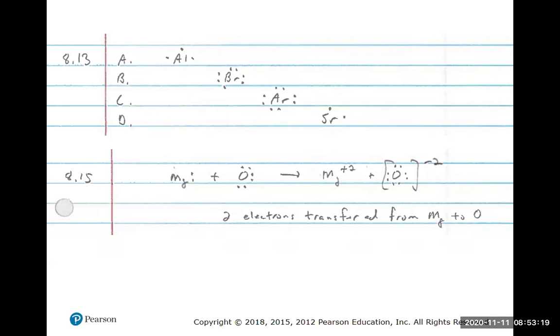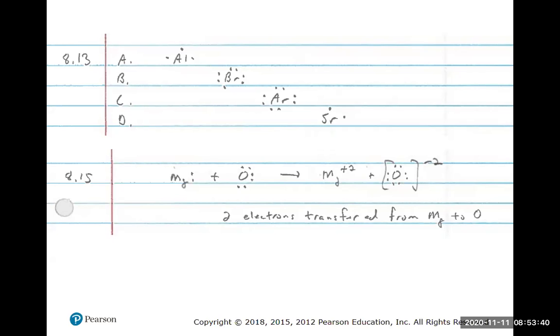In this case, magnesium has 2, oxygen has 6. Since it's an electron transfer reaction, and we know that magnesium likes to be +2 and oxygen likes to be -2, we take the 2 electrons from the magnesium and put those onto the oxygen.